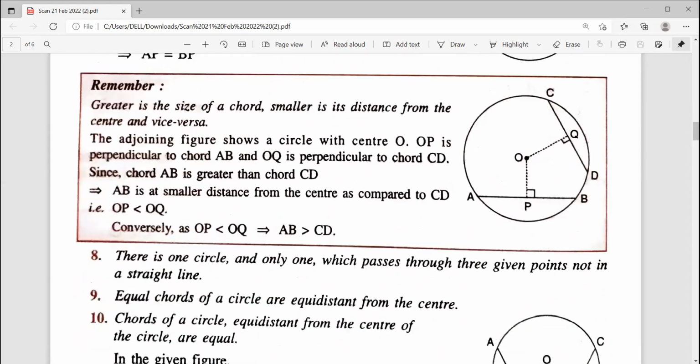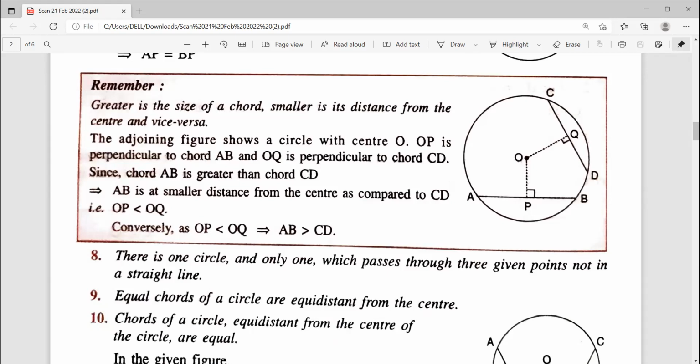Then we learned that suppose I have 2 chords, say CD and AB, and AB is longer in length than CD. So the longer the chord in a circle, the nearer it is to the center of the circle.